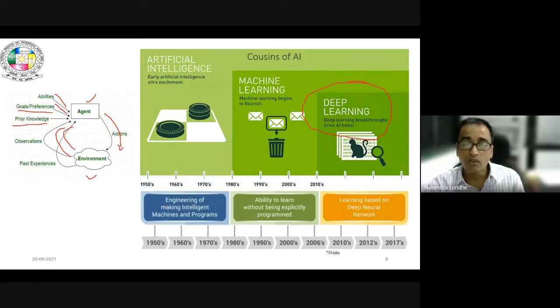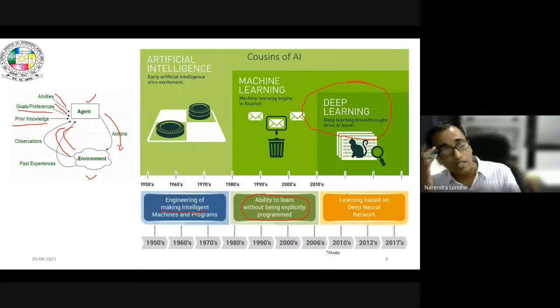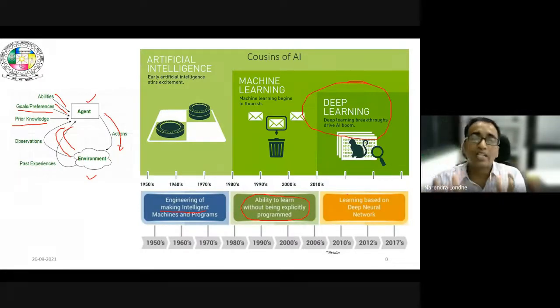timeline, initially we were just trying to talk about intelligent machines and programs, trying to develop those things. While doing that, we did not have the ability to make our computers learn, but that ability started developing from the 1980s, and it has been further enhanced now. Because for developing intelligence, it is required that the machine must learn from the data, from the information.